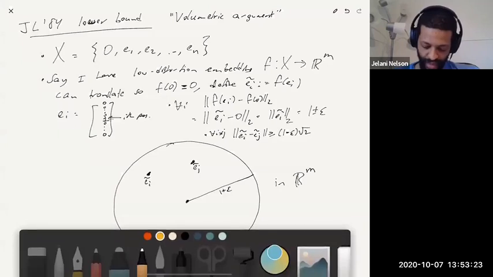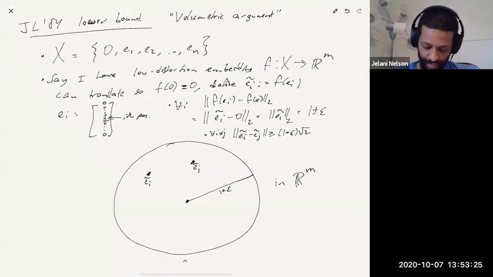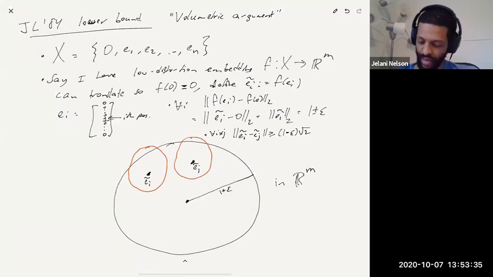Okay, so I know that these things are far apart, which means if you take balls around them, let's make this ball red. These red balls have radius less than, say, (1 minus epsilon) root 2 over 2. Let's call this r.